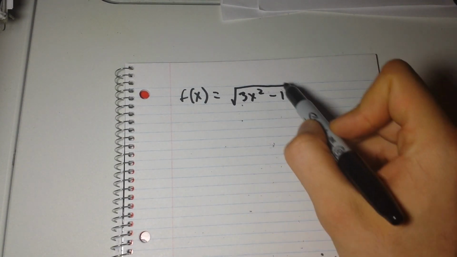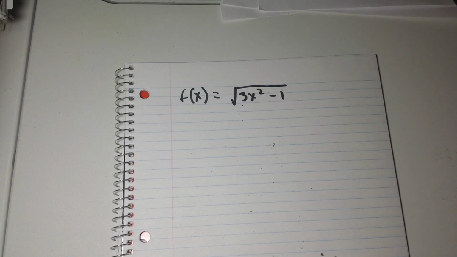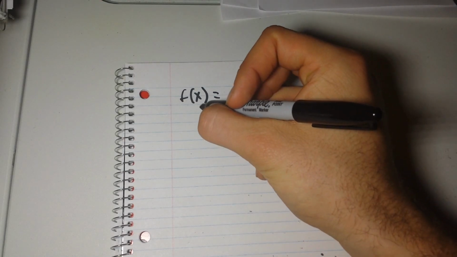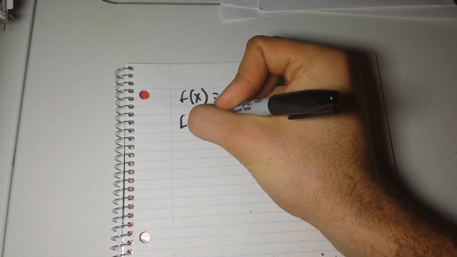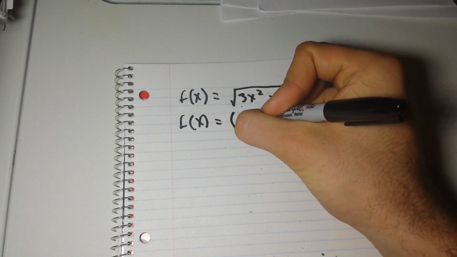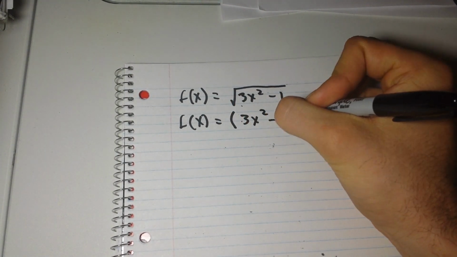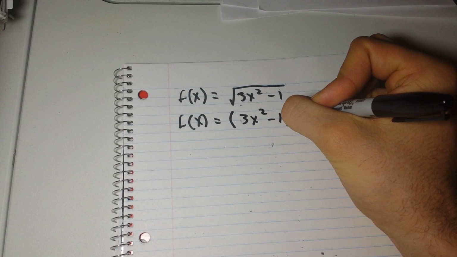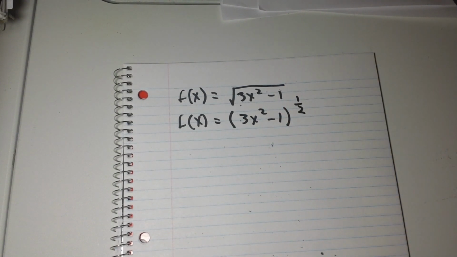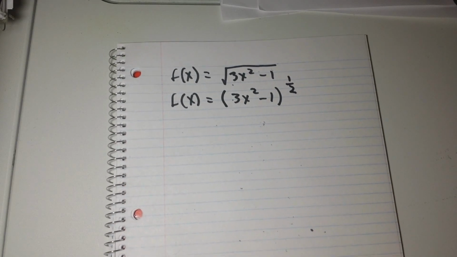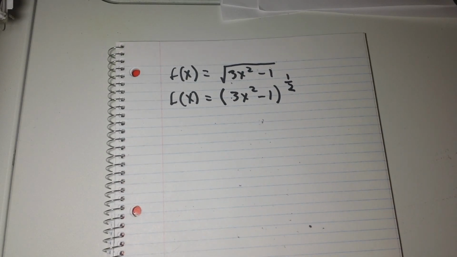There's a quadratic on the inside and a power on the outside, because we can also call our f of x 3x squared minus 1 to the power of 1/2. This is important because it makes our chain rule a lot easier to apply once we can visualize the function in this manner.